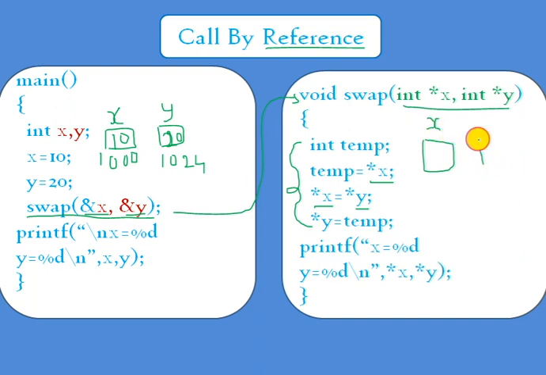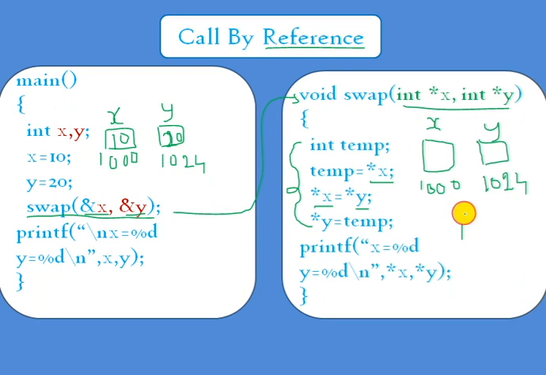This is the important point you have to understand. So x, what is x address? 1000, because you are sending the address, not the value. What is y address? 1024. That means these operations are performed on the addresses sent by the function.